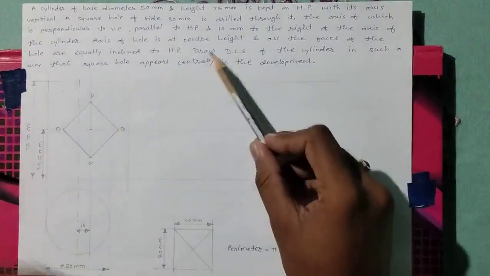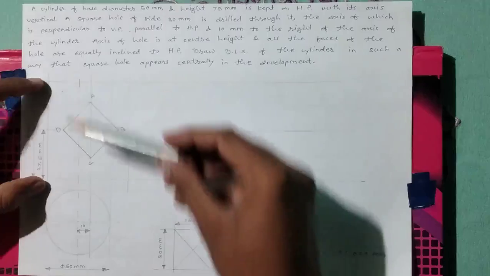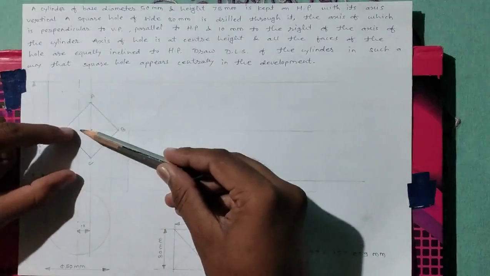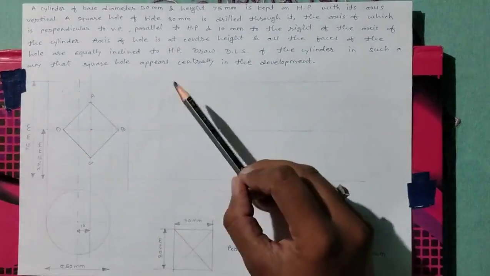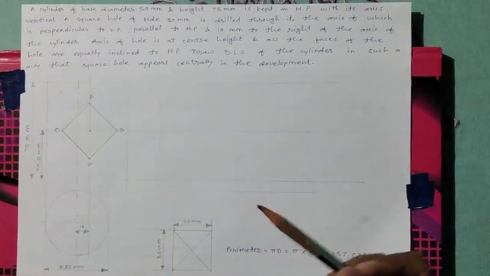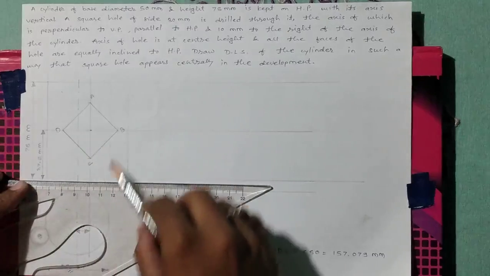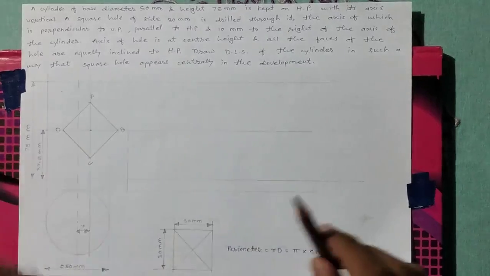Axis of hole is at center height, that is, this is the total height of cylinder and this is center height, that is half height of cylinder. Now all the faces of the hole are equally inclined to HP. This is the horizontal plane and this is the equal inclination condition.